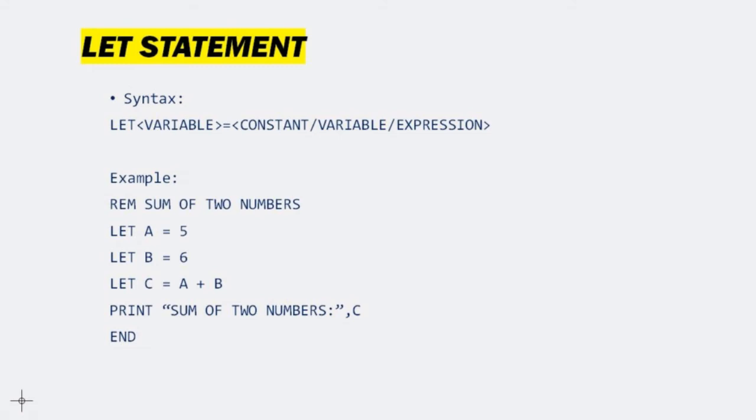In the given program, the first LET statement assigns the value 5 to A, and the next statement assigns the value 6 to B. The third LET statement stores the sum of A and B in C, and the fourth statement prints the sum, that is 11. The fifth statement informs the computer that the program is completed, that is the END statement.